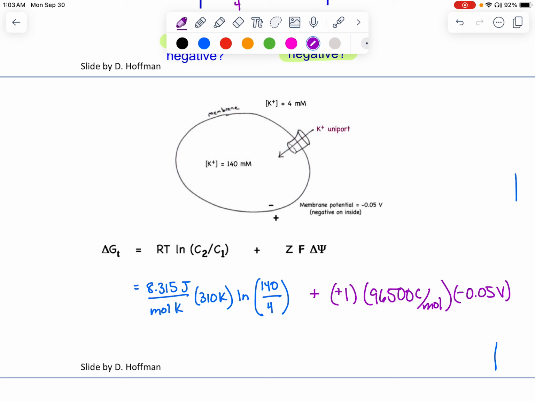Remember that 1 coulomb volt is 1 joule, and if you work all the way through this, you are going to come out, and I converted it to kilojoules, to 4.3 kilojoules per mole positive. So it is non-spontaneous.